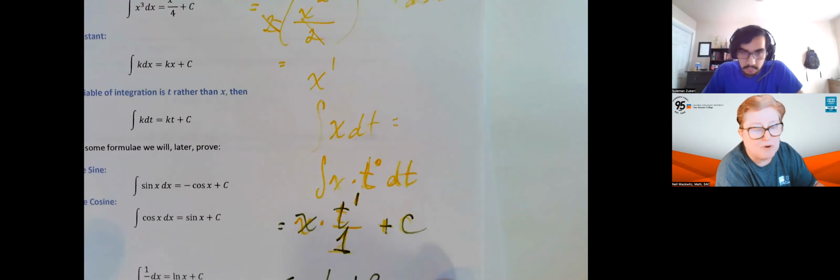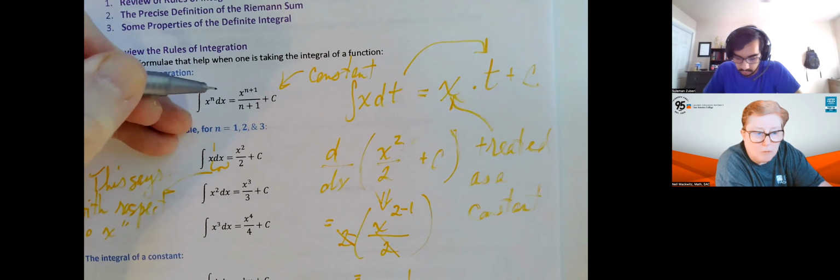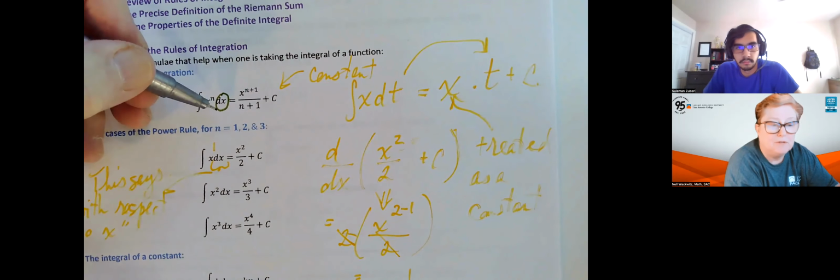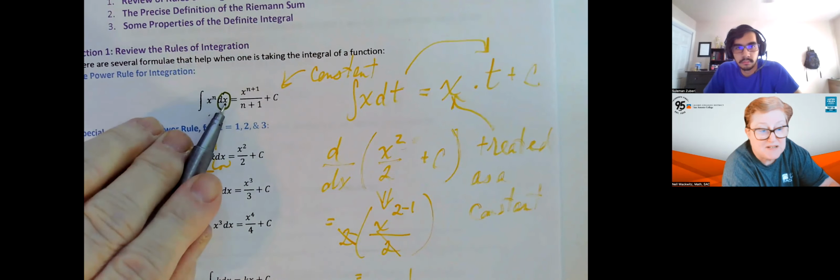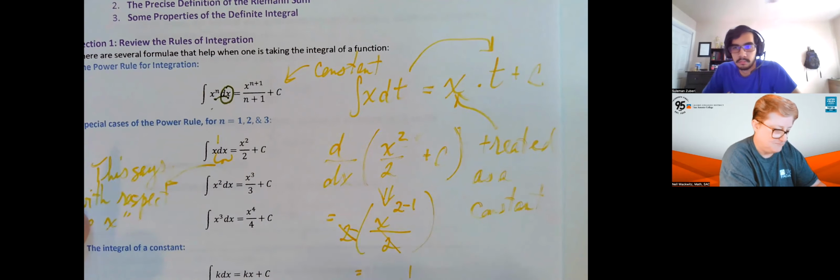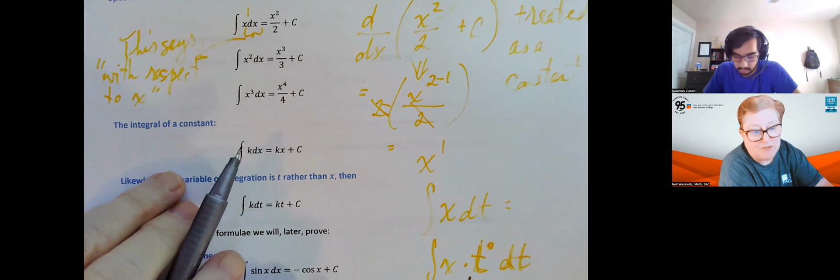So it's very important to make sure that you notice what the integral is being taken with respect to. Is it being taken with respect to x or some other variable? So here is that example that we just did.